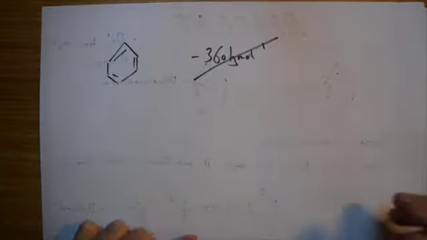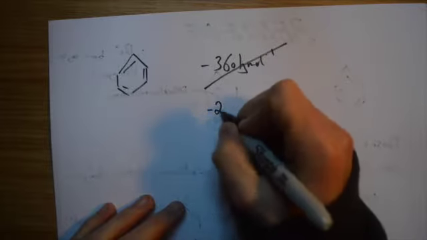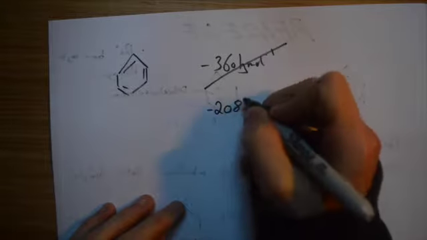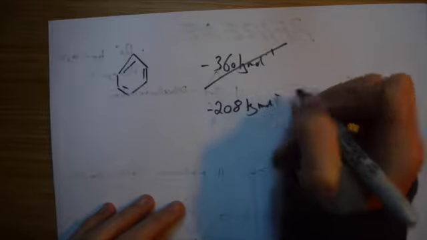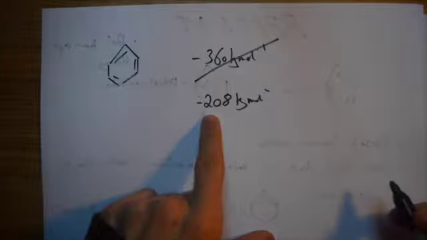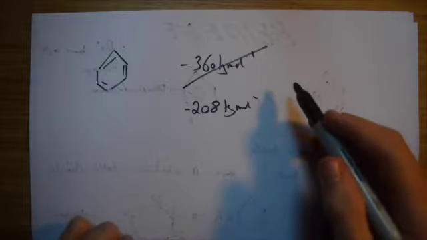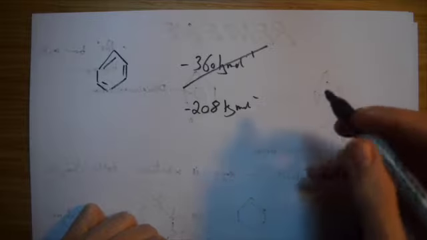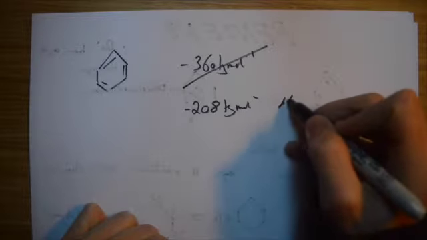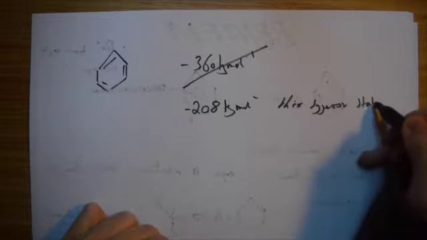When you hydrogenate benzene, the enthalpy change is minus 208 kilojoules per mole. So this suggests that benzene is much more stable.